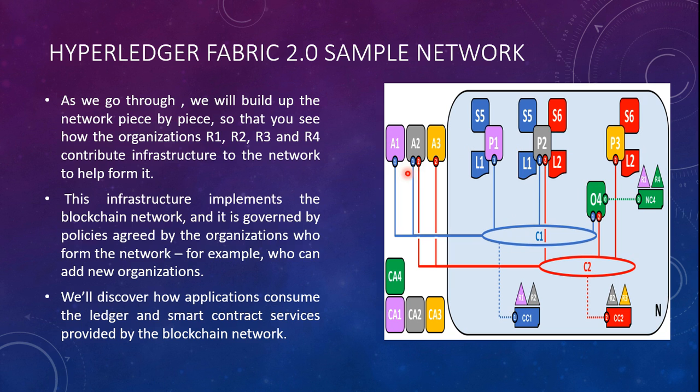A1 and A2 are having access to channel C1. A2 and A3 are having access to channel C2. So C1 is for peer P1 and P2 with ledger L1, and channel C2 is for access to P2 and P3 with ledger L2 and their respective smart contracts.